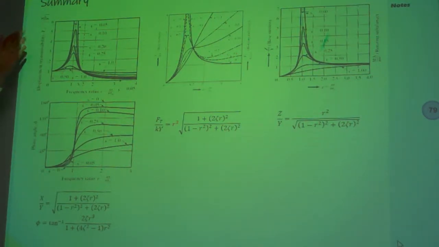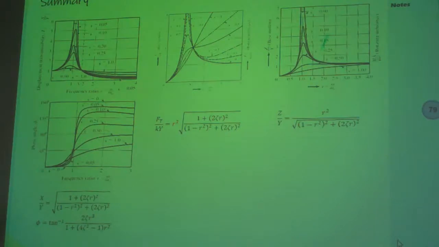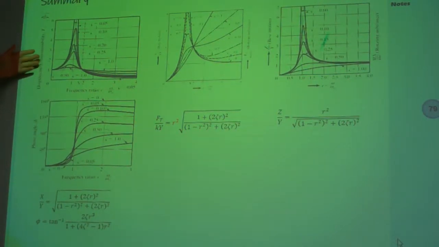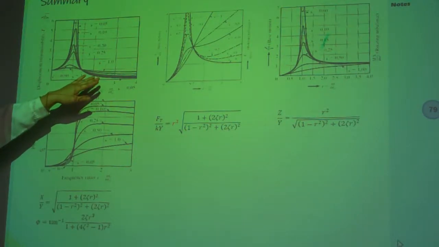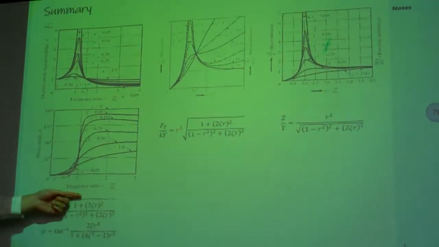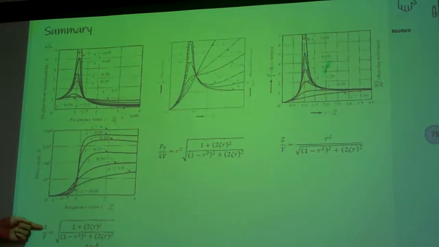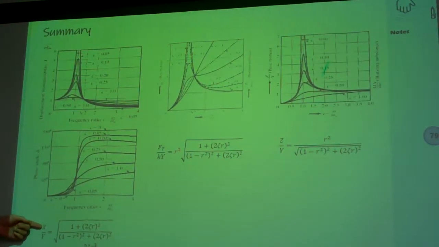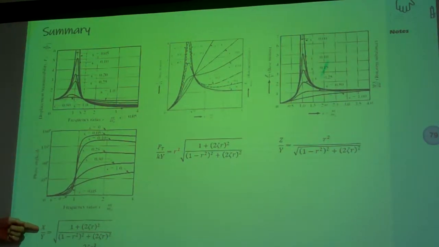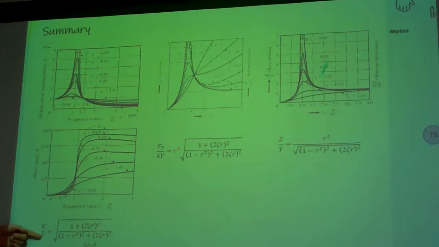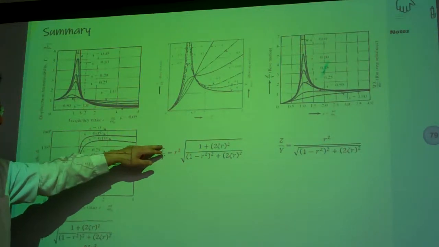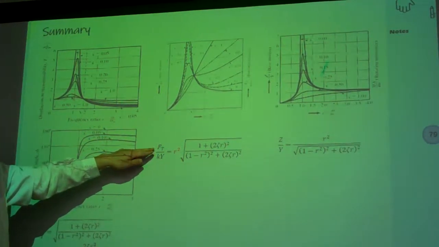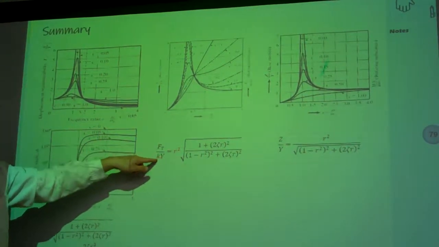For the base excitation, how many scenarios? The first one, we talk about the displacement transmissibility. We have such a curve. For the displacement transmissibility, we define it as the ratio of the displacement of the mass block to the magnitude of the base. The second one is the force transmissibility, and that is the definition here.